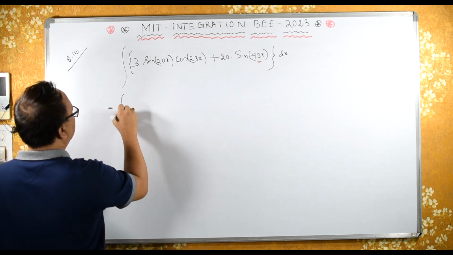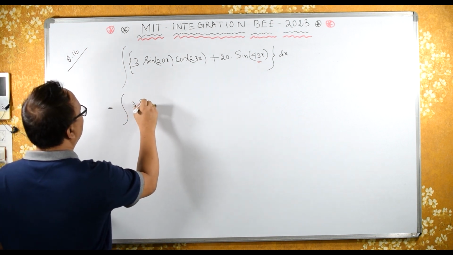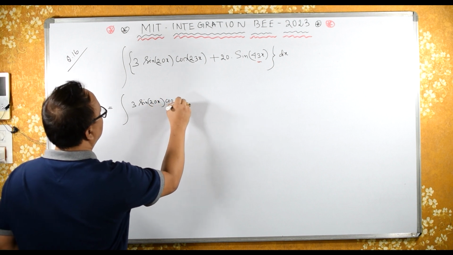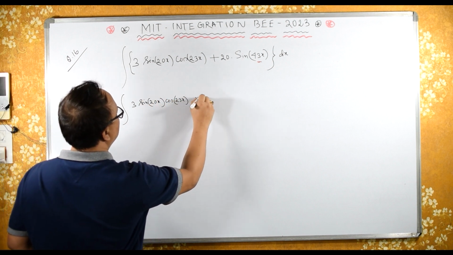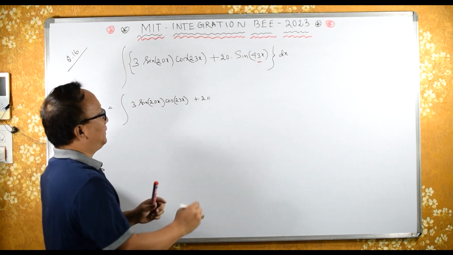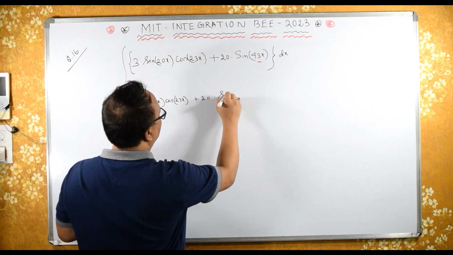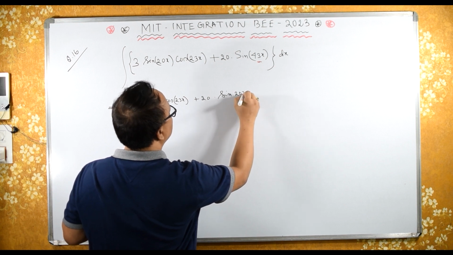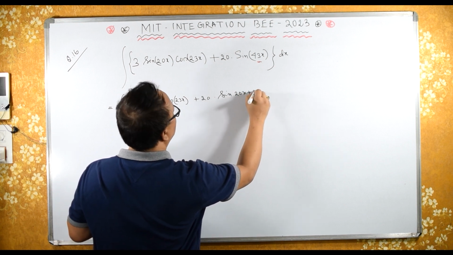This equals the integral of 3 sine of 20x cos of 23x plus 20. Here this is same as sine of 20x plus 23x.